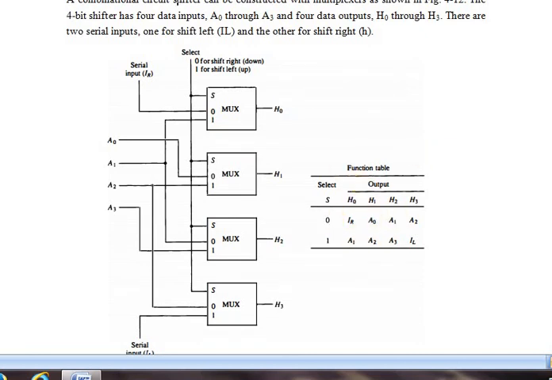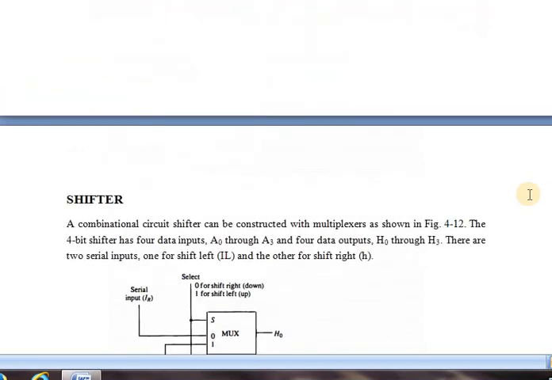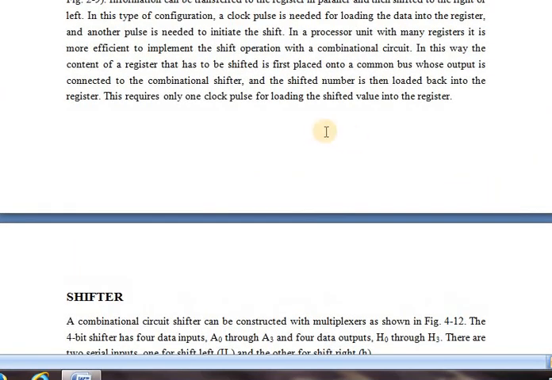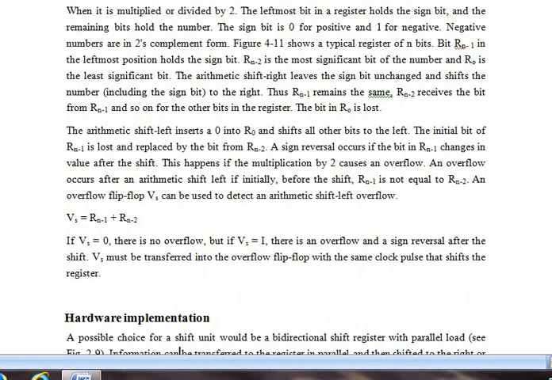Now we will go back. In this type of configuration a clock pulse is needed for loading the data into the register, and another for the shift. In many registers it is more efficient to implement the shift micro-operation with a combinational circuit. This we have already seen in the previous classes.